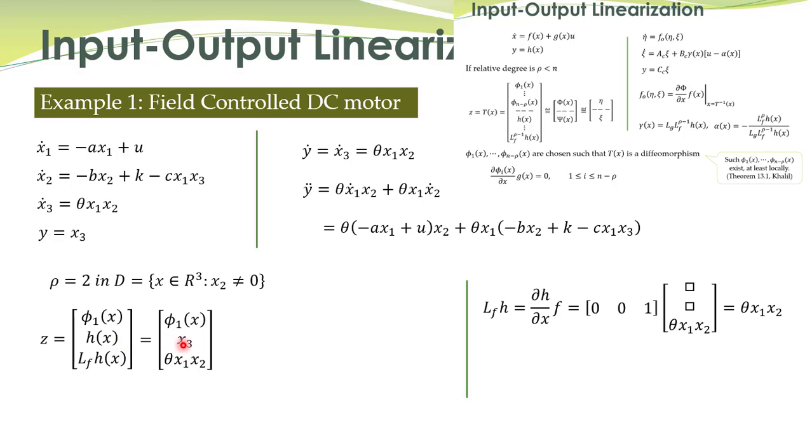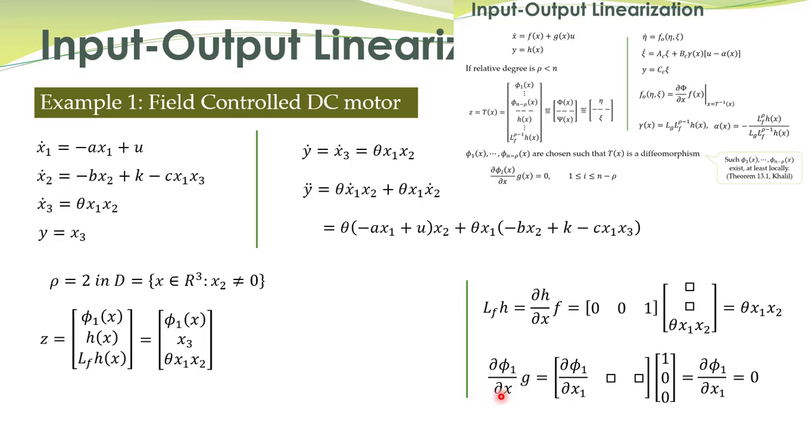So h of x is x3, this Lie derivative is given over here, and we have to find phi 1 of x. How to find this phi 1 of x? Phi 1 of x has to be selected such that this T of x is a diffeomorphism, and furthermore this condition is also satisfied. So let's check this condition.